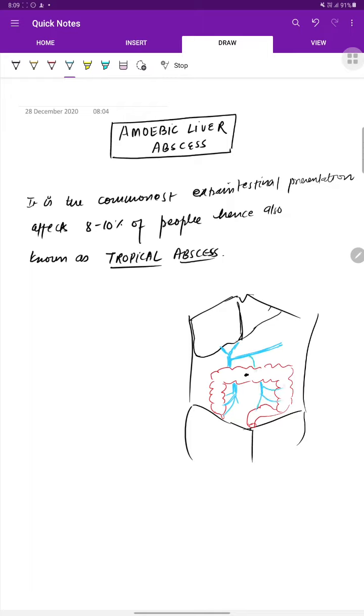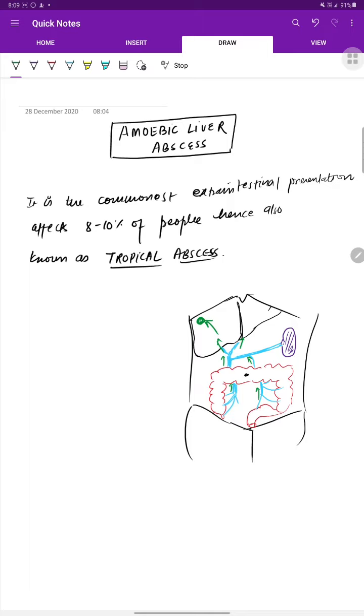If any infection is there in the superior and inferior mesenteric territories, it travels through this and leads to spread. This is the spleen. So the infection mainly travels through the superior mesenteric and inferior mesenteric veins, like this, and directly over here.